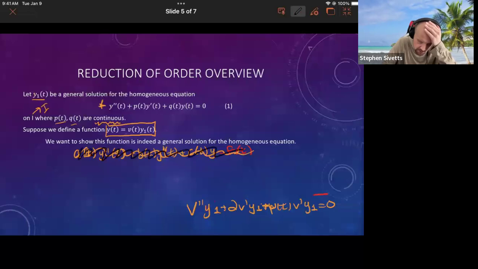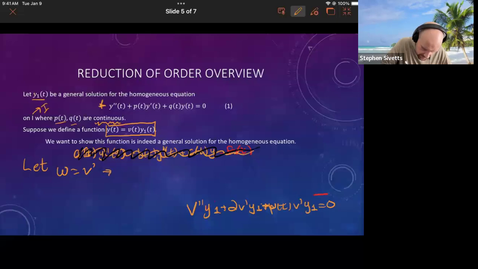We're going to let w equal v prime. Then that means w prime equals v double prime.